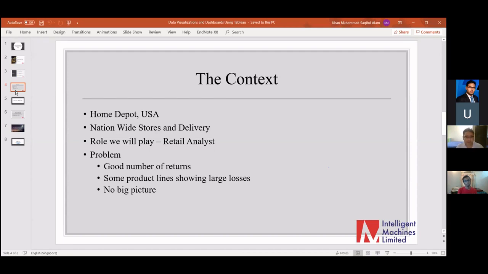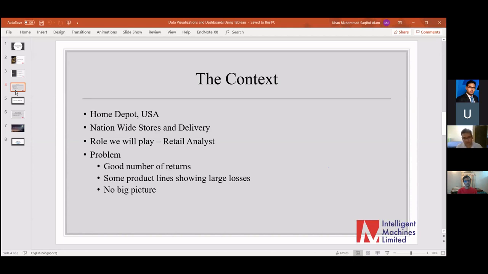The problem Home Depot was facing, and this is actually real data shared by them, with some modifications made and some names changed to maintain privacy, is that, first of all, they have a large number of returns.